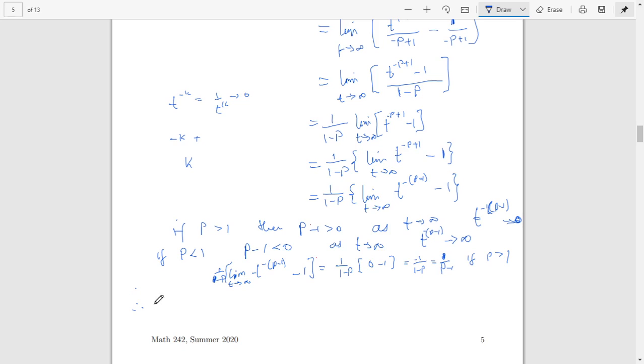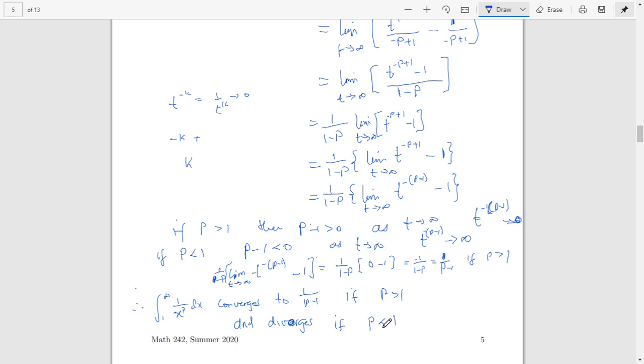In conclusion, the integral from 1 to infinity of 1 over x to the power of p dx converges to 1 over p minus 1 if p is bigger than 1, and diverges, that means the limit does not exist, if p is less than 1.